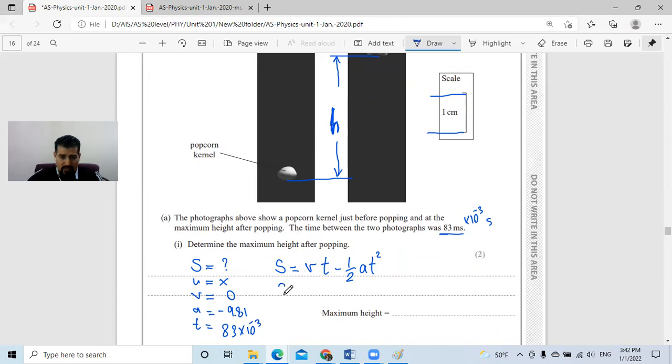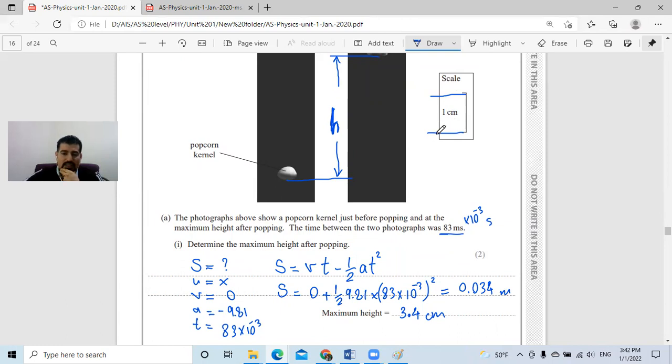The maximum height equals 0 minus half times 9.81 multiplied by 83 times 10 to the power of -3, all squared. By using the calculator, our answer is 3.4 centimeters, because the answer here is 0.034 meters. Thank you, Hamza, for answering.